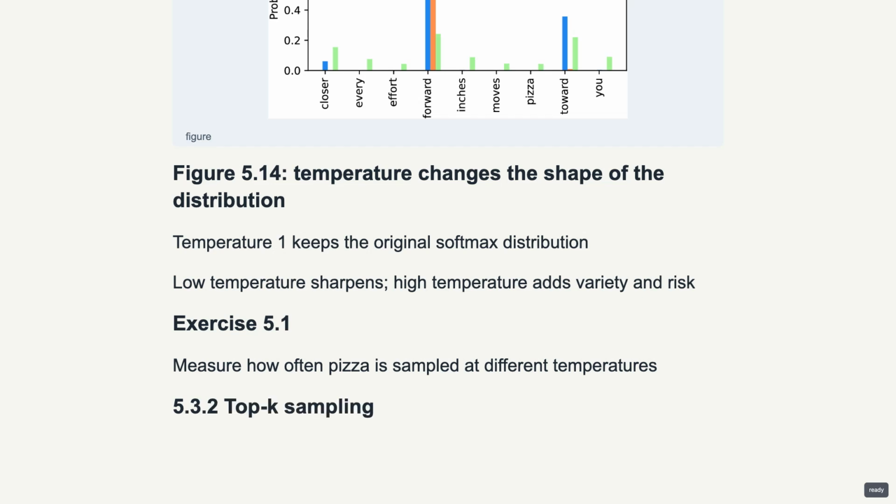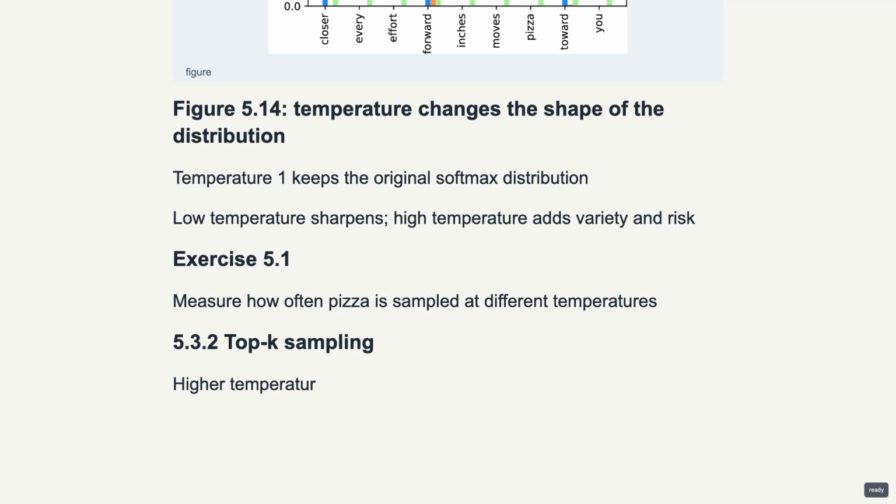Top-K sampling adds another layer of control by limiting the candidate set before sampling happens. Instead of letting every token compete, it keeps only the K strongest options and removes the rest. Temperature alone can make the distribution too wide, which is why strange tokens can slip in.